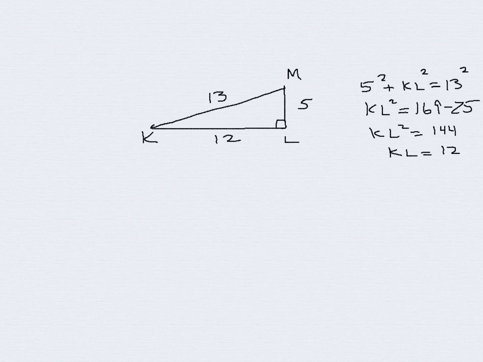With respect to angle K, what we're going to do is identify the 3 sides. The side marked 13 is the hypotenuse for sure. The side KL is the adjacent, and the side 5 is the opposite.